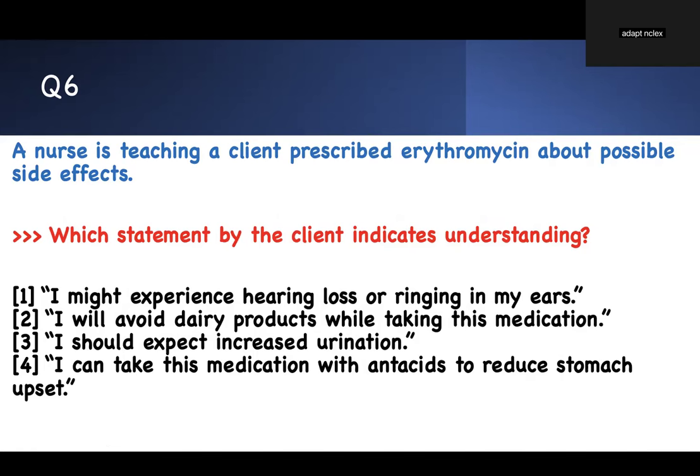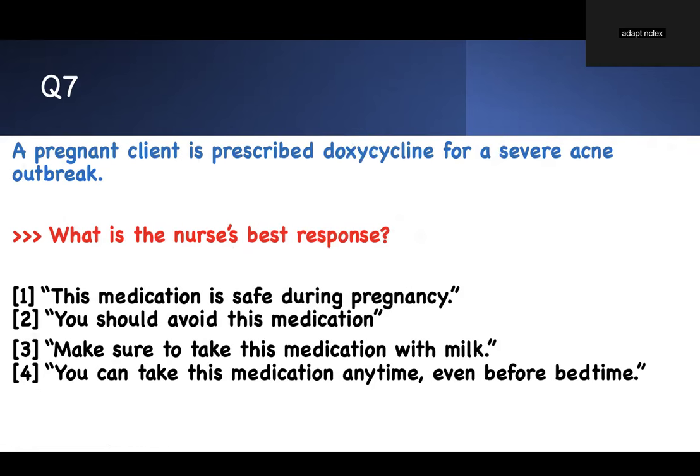Number one, talking about your ear. I'm picking that answer. I don't know anything about avoiding dairy products. I don't know about increased urination. I don't care about the antacid. But my concept, two things I'm taking with me today: every time I see a macrolide, QT prolongation and ototoxicity.